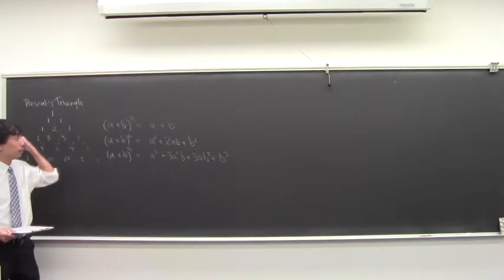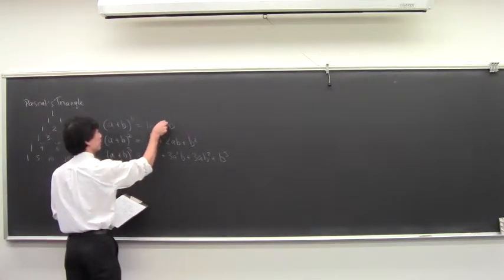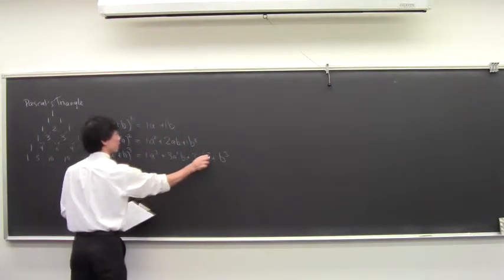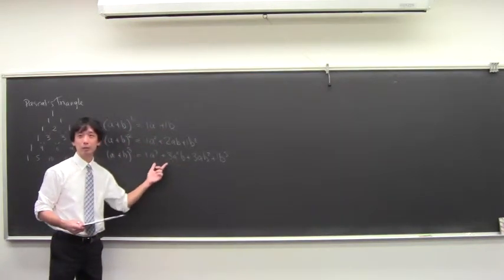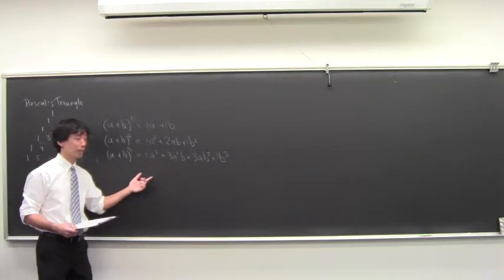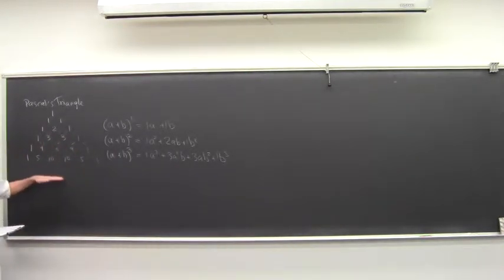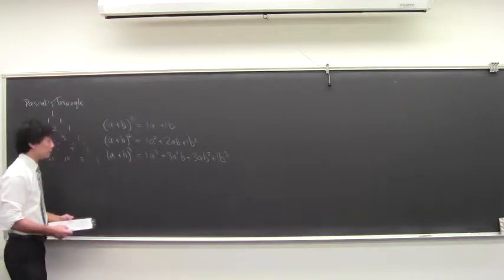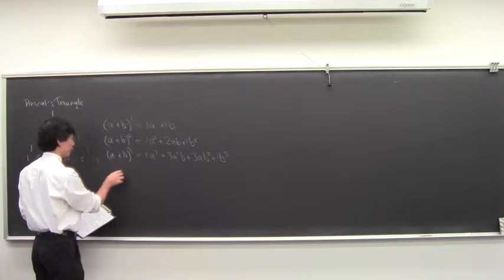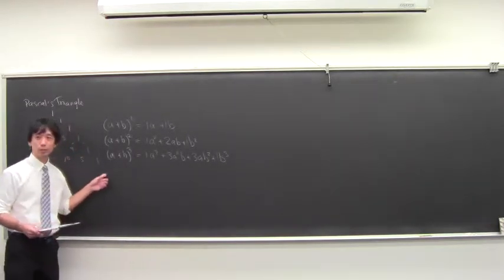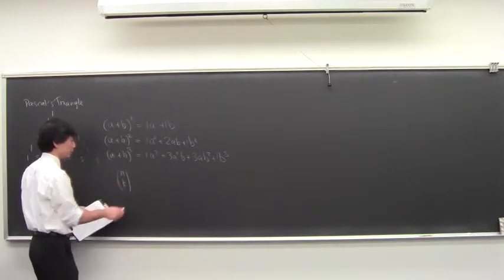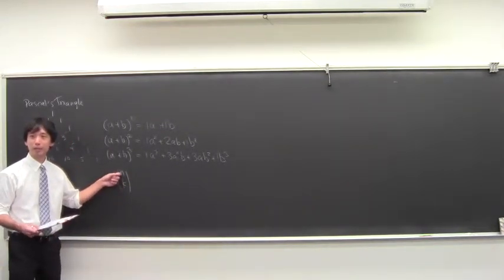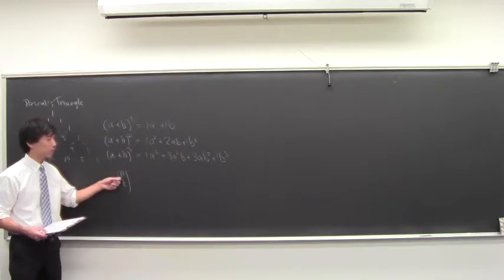And you see that the coefficients here, there are 1s here. The coefficients 1, 1, 1, 2, 1, 1, 3, 3, 1, 1, 4, 6, 4, 1, 1, 5, 10, 10, 5, 1, etc. The coefficients turn out to be the same, and these are related to something called choose, the number of ways you can choose k things from a set of n.